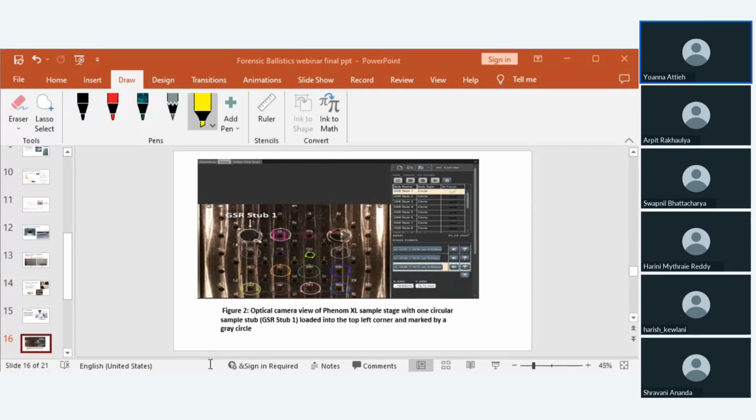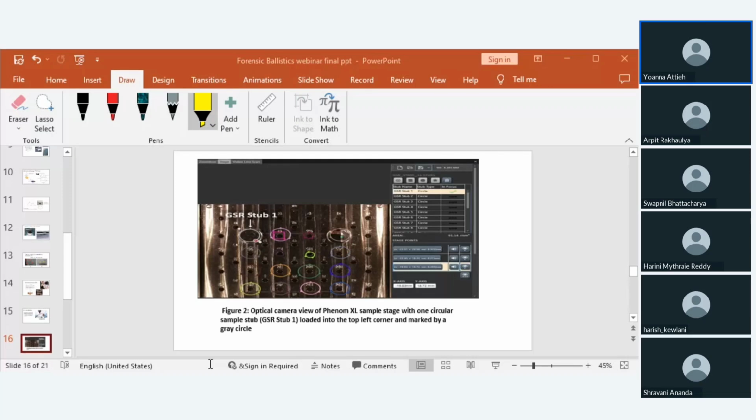Now, the perception software also offers users the ability to define scan areas, adjust the electron beam settings, and customize the workflow to suit specific analytical goals.